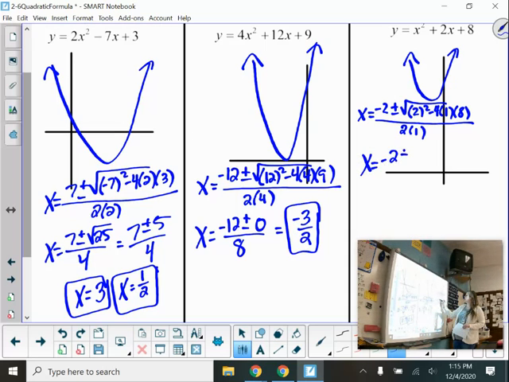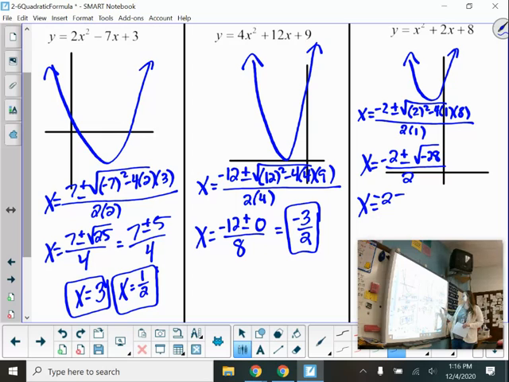So that's -2 plus or minus. Inside the square root, I have 4 minus 32. That's going to give me a -28, and I will have to go through and reduce that, or break that down. So greatest perfect square factor of 28 is 4, so that's going to become a 2, and then I'm also going to have an i with the negative.